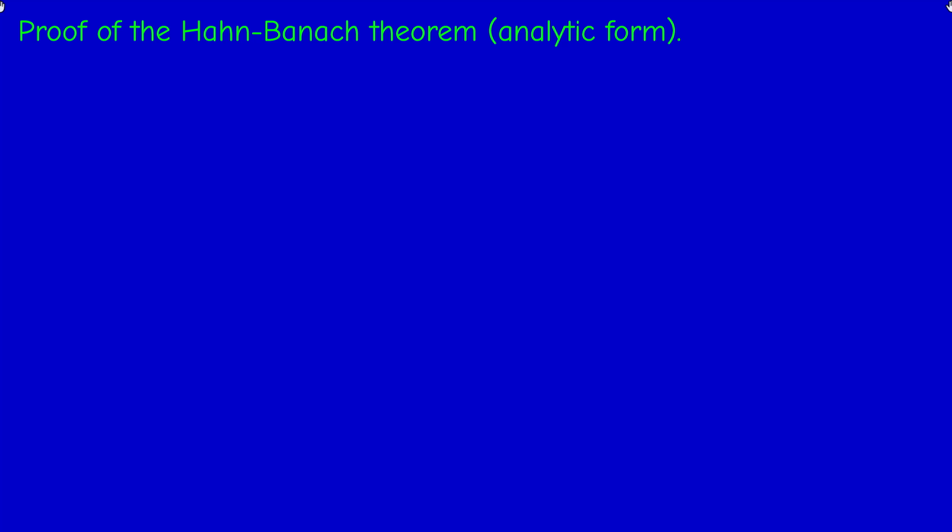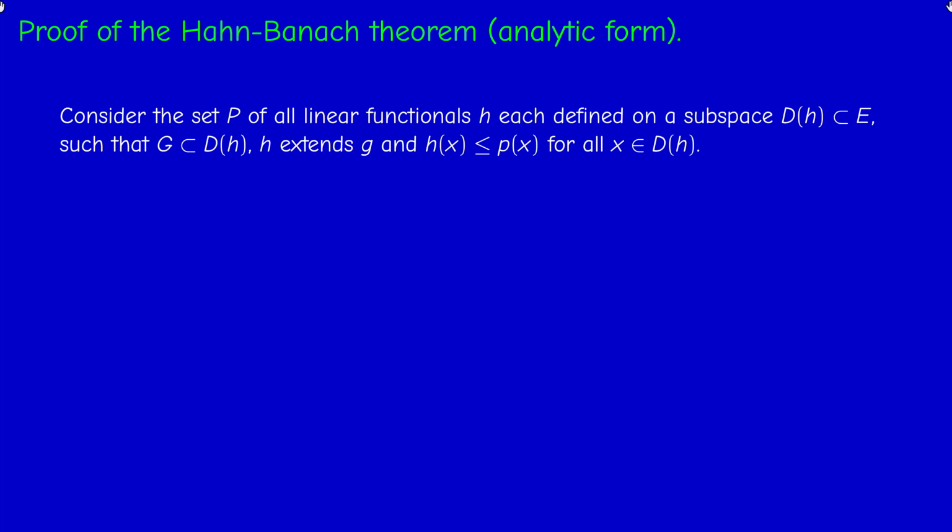Okay, so consider the set capital P of all linear functionals h, each one of these functionals being defined on a subspace that we call D(h), the domain of h, which is a subspace of E that contains moreover the subspace G. So we have five things actually.